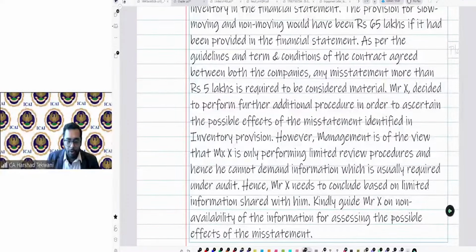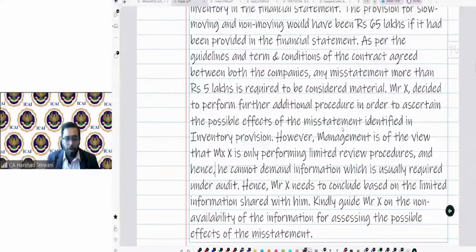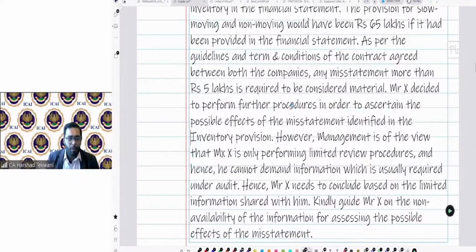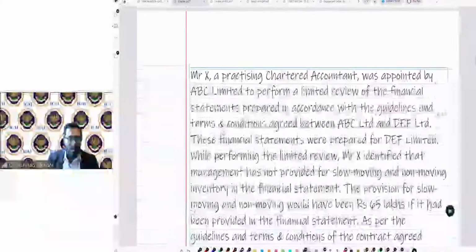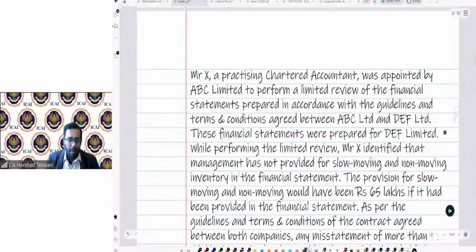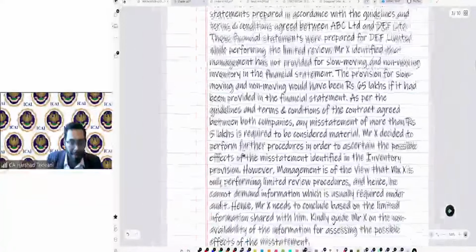Basically, Mr. X has performed certain procedures and he has identified some misstatement.